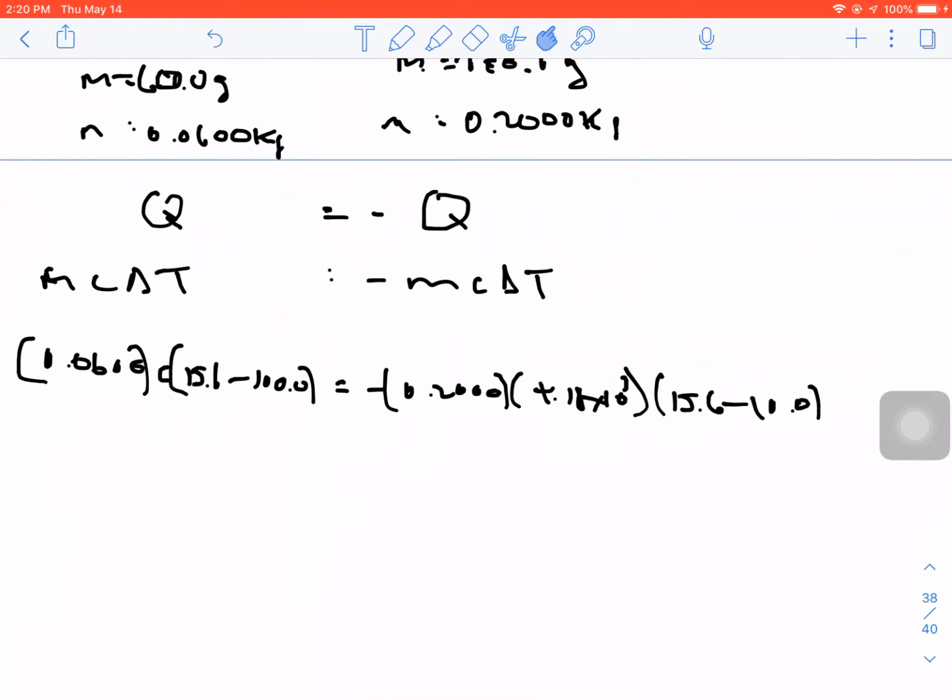Now I'm going to do the math on the left side. I'm going to take my 15.6 and subtract 100 from it, so I'm getting negative 84.4, and I'm going to multiply that times 0.06, and I'm getting negative 5.06 C on the left here.